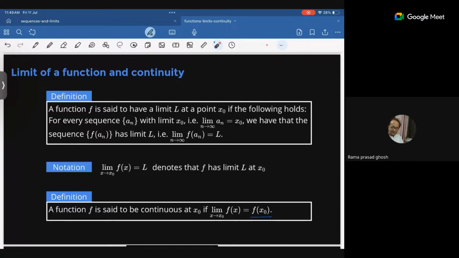Yes. Just one point. What would happen for a square wave? When you are considering the two hollow points, the jump discontinuity is there.